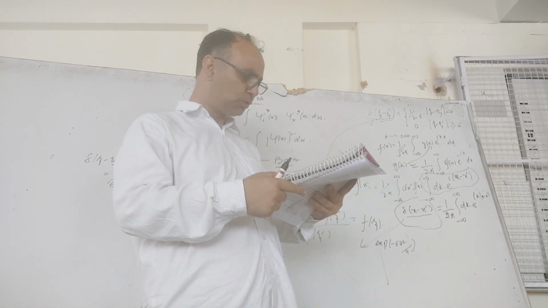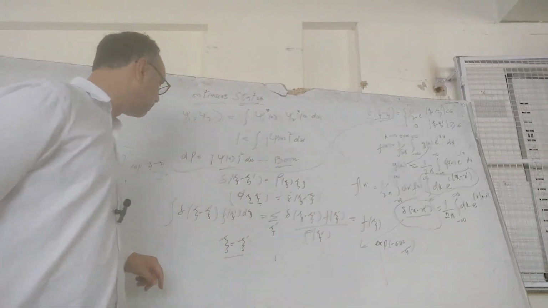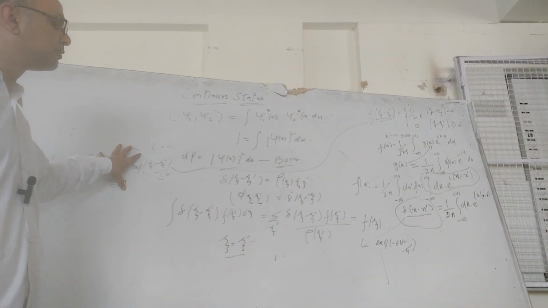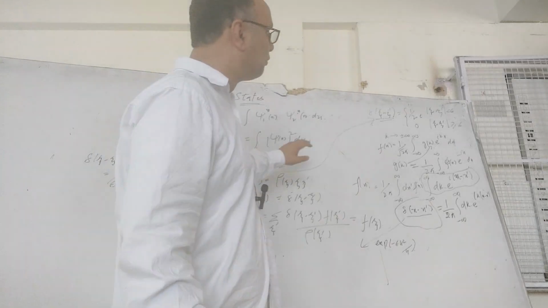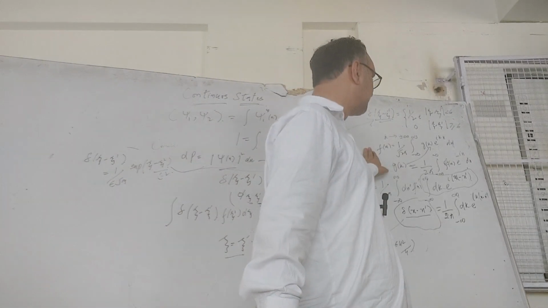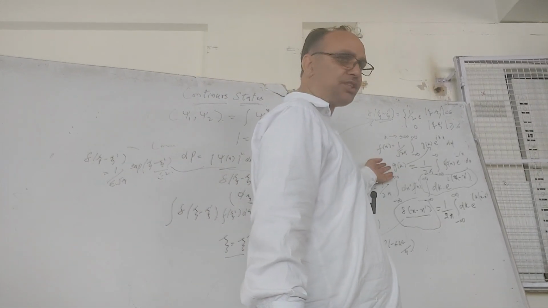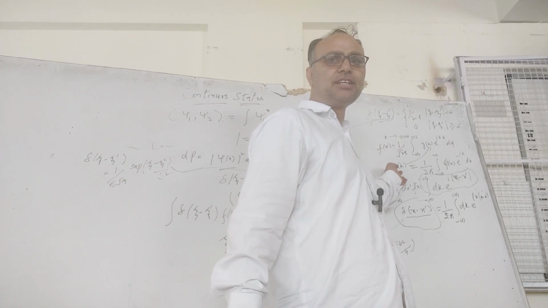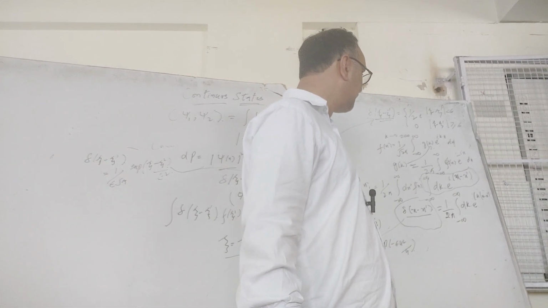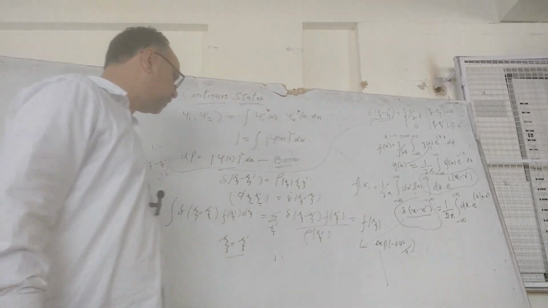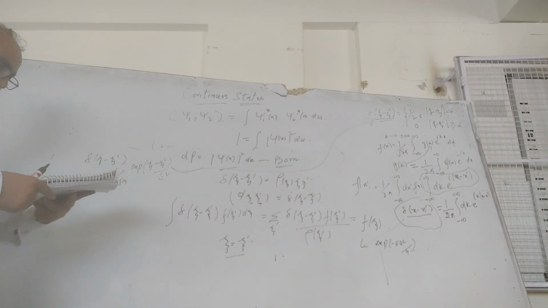So these are different representations. One is the Dirac delta way of representing it, and another is the Fourier transform, where we have a function and write the function in terms of inverse functions. Both can represent these continuum states.